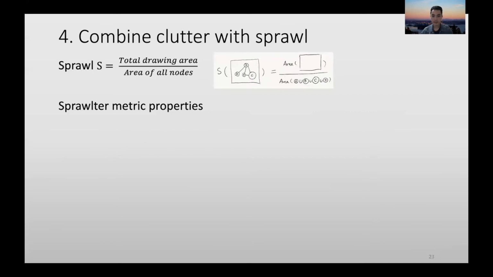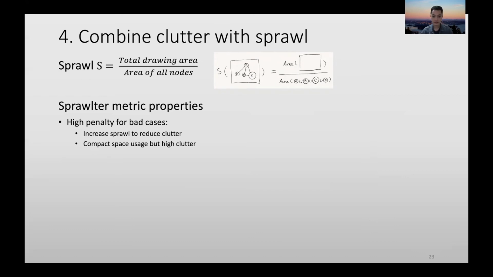When we combine clutter and sprawl, we want this metric to have the following properties. It needs to be high for bad cases. Some example bad cases are when you increase sprawl to reduce clutter, for example, you can push the nodes away from each other to reduce clutter.